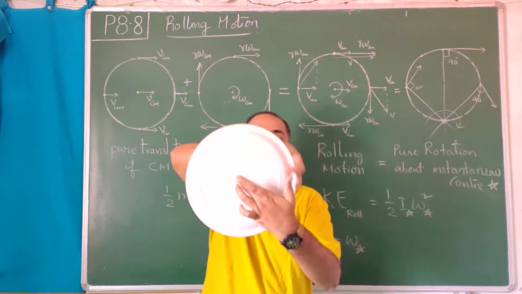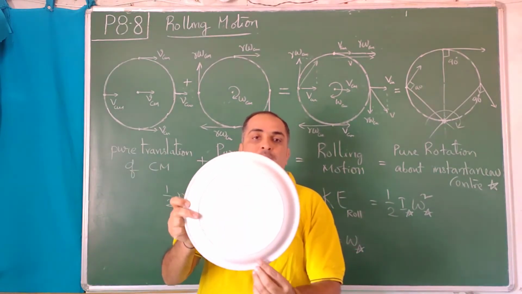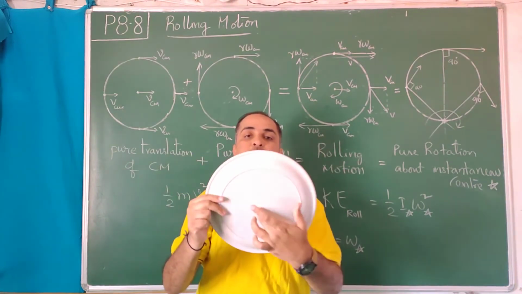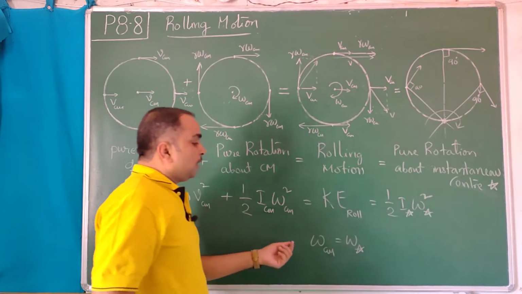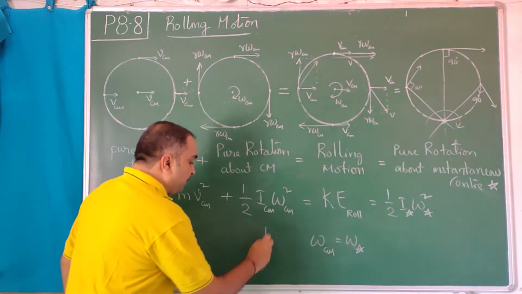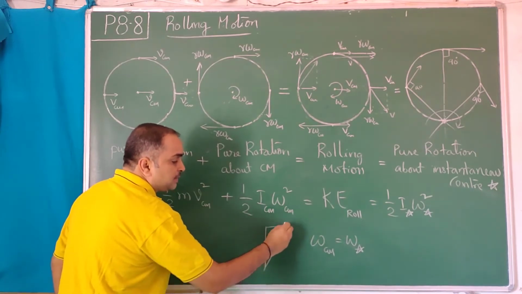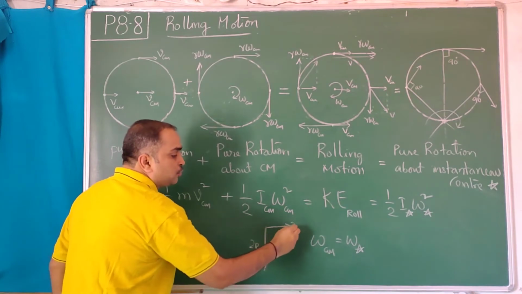Omega about center of mass is equal to omega about instantaneous center because this is a wheel. This is the center about which rotation is occurring. Certain angular velocity is there. Now from here I go down and make it rotate like this. Distance of every point also changes with respect to that. This is the angle covered. This is the distance. This length is 2r, this is 2v.